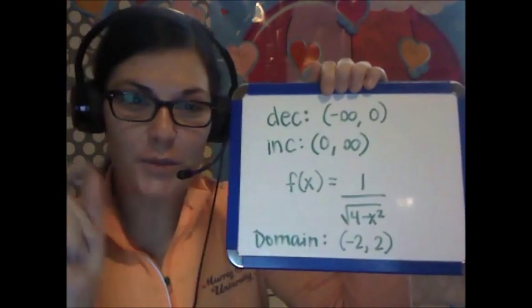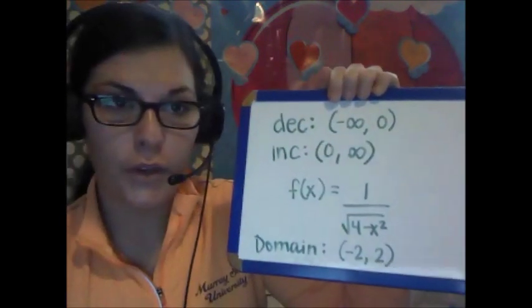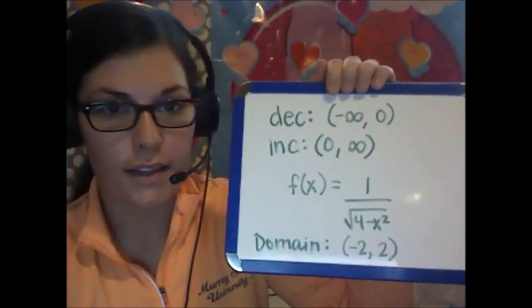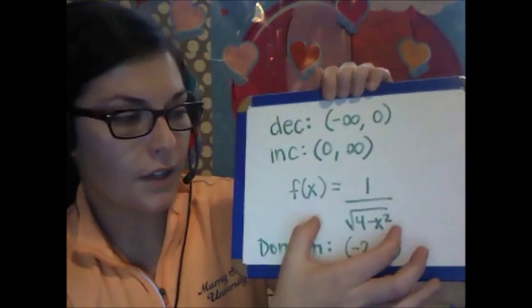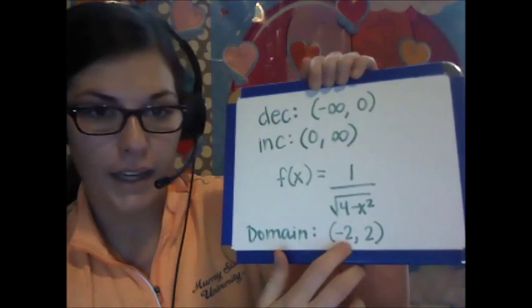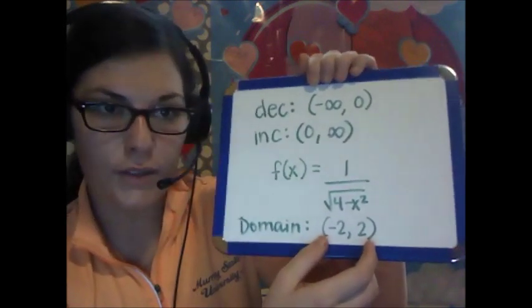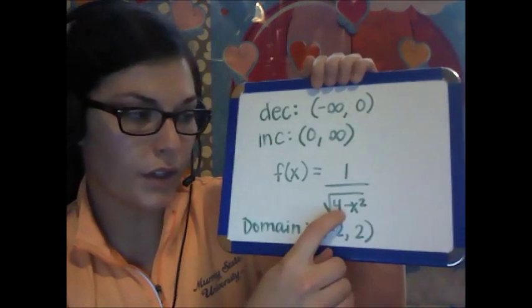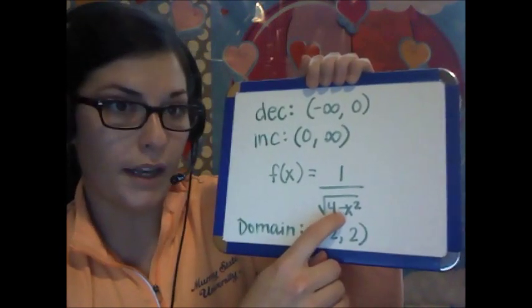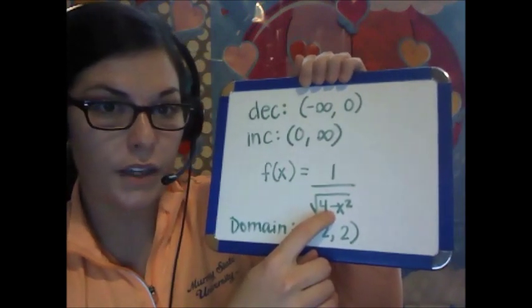However, we run into a small issue here because negative infinity to 0 includes part of the domain that's actually not listed there. If I consider the actual domain of this function, I notice the domain is from negative 2 to positive 2, because any values outside of this interval is going to cause a negative radical, which is going to mean that I have some imaginary numbers here.